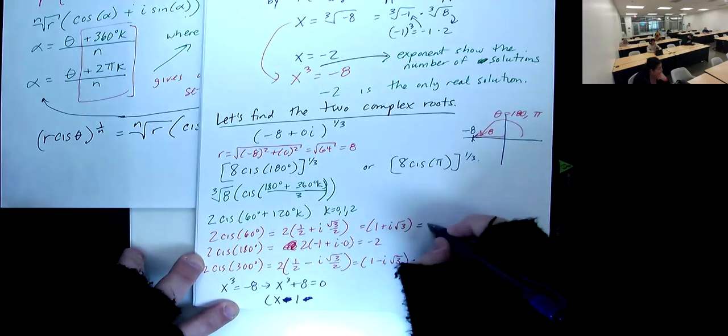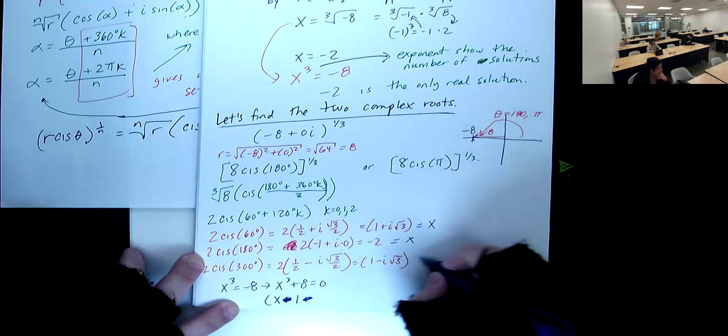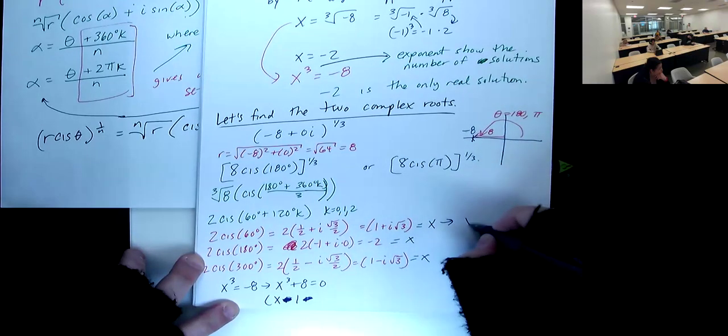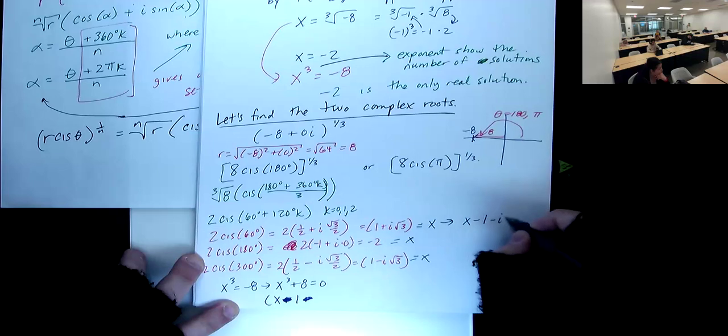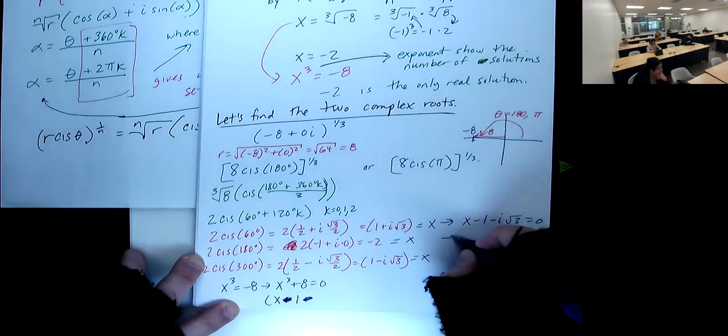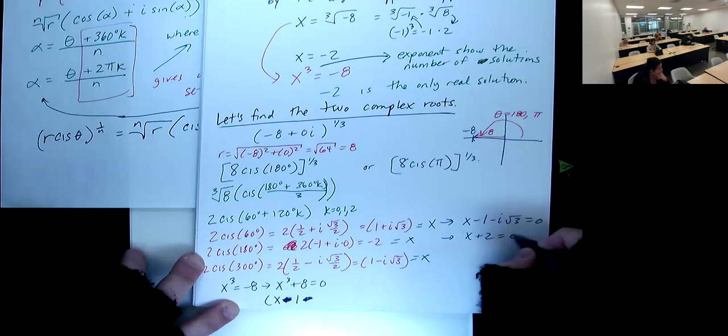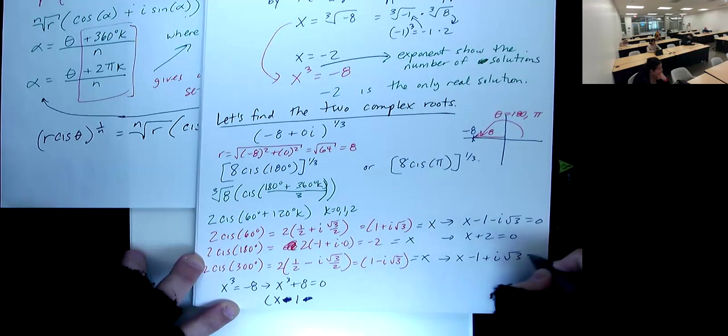It's like saying x equals each one of these. So I get x plus 2 equals 0, x minus 1 minus i root 3 equals 0, and x minus 1 plus i root 3 equals 0.